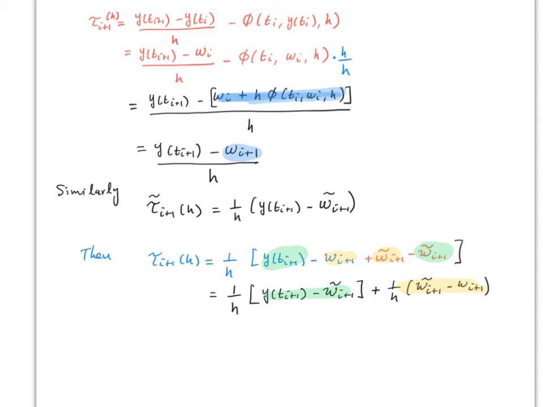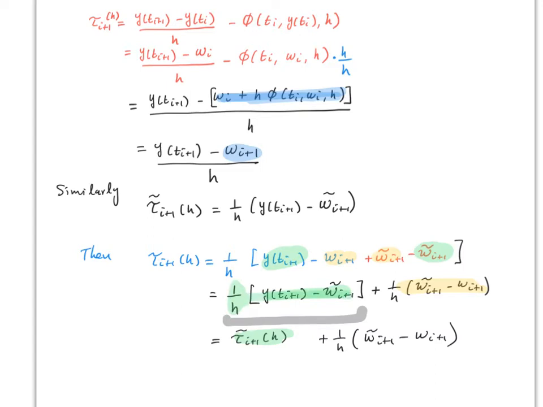Now remember that by definition, all of this part is equal to tau tilde_{i+1} of h, and then we have the extra part in here, which is w̃_{i+1} minus w_{i+1}. Okay, so this was the green part.